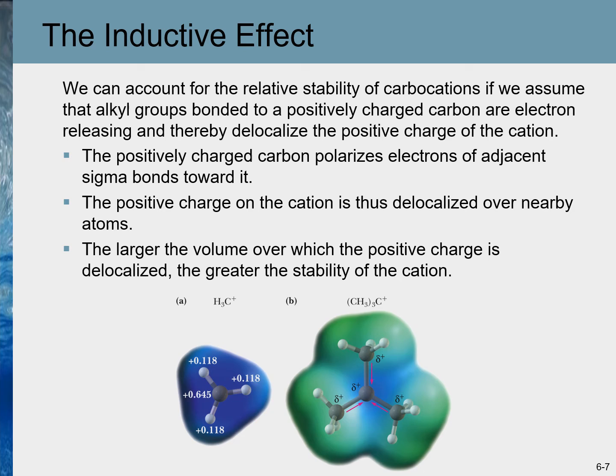Now that we know the order of stability of carbocations, how do we account for this order? As we saw during the discussion of anion stability, a system bearing a charge is more stable if the charge is delocalized. It means if the charge is spread over multiple atoms, then the system is more stable. We can apply the same logic to the stability of carbocations.